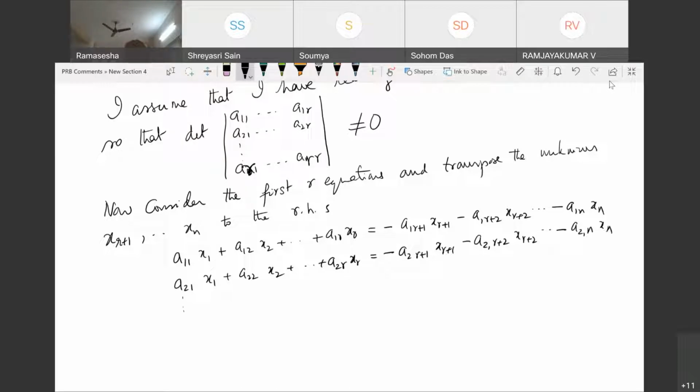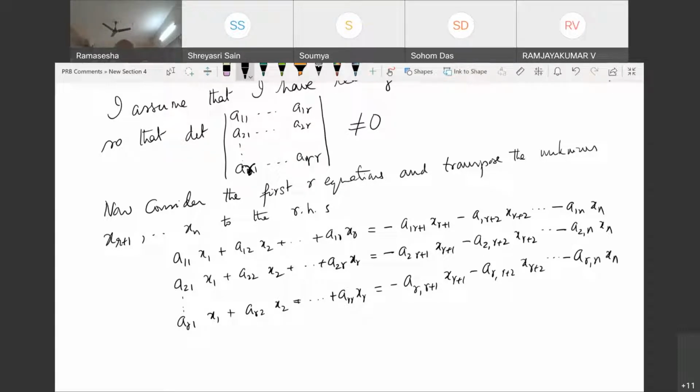And the next R equations. So I have AR1x1 plus AR2x2 etc. plus ARRXR is equal to minus of AR comma R plus 1 XR plus 1 minus of A of R comma R plus 2 XR plus 2 etc. minus A of R comma N xn.